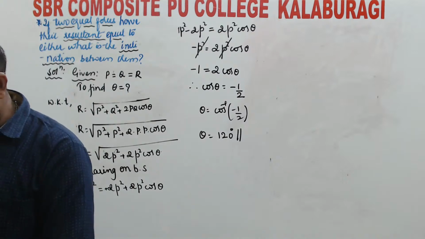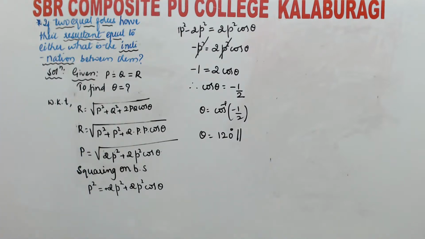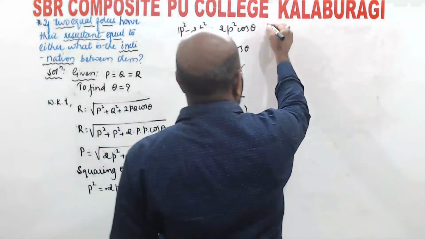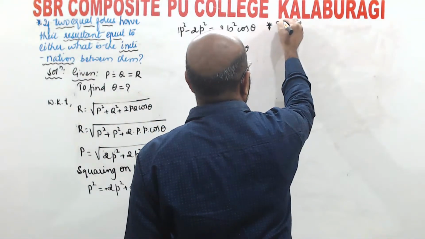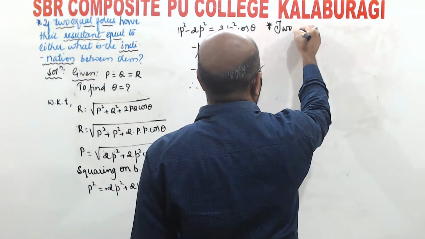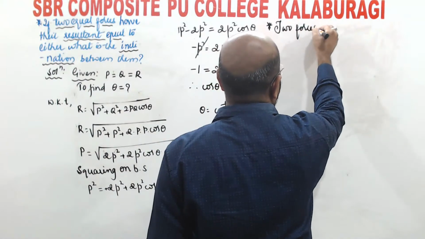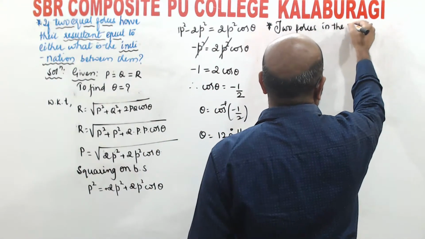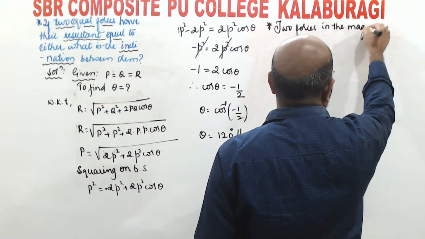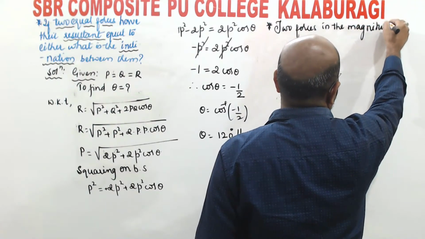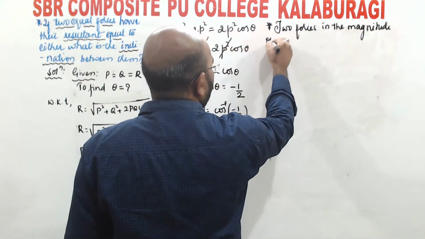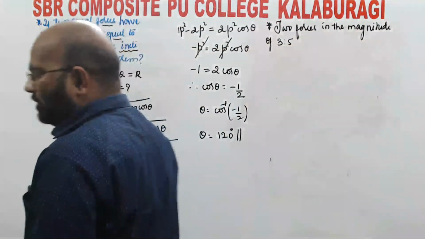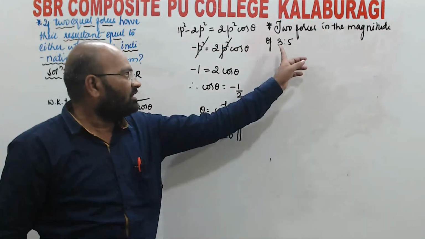In the next question, we have two forces whose magnitudes are in the ratio of 3:5.